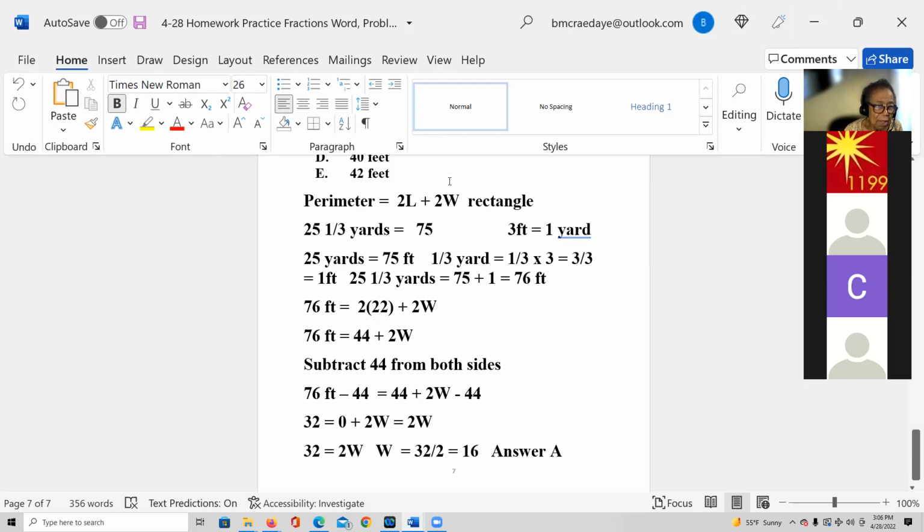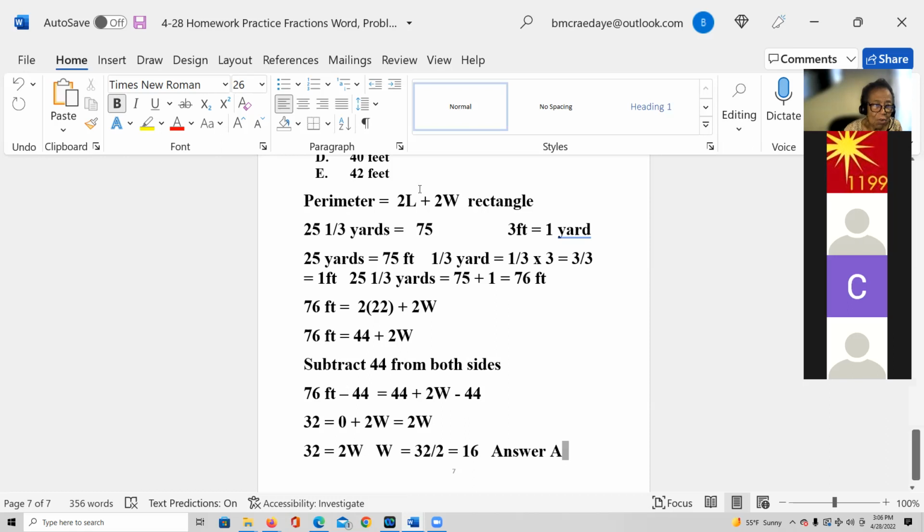Two lengths plus two widths. That's our formula. Are you clear on the formula? Yes. So the formula is the sum of two lengths plus two widths. That's the formula for finding the perimeter of a rectangle. Is that clear? Yes.